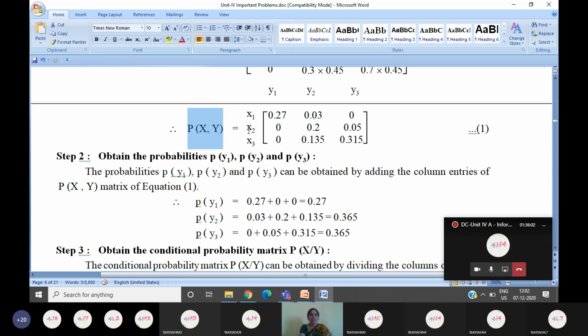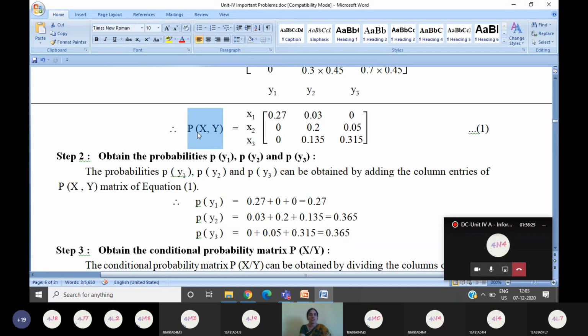If you want P of x2, add all the elements of second row. And if you want P of x3, add all the elements of third row. This is only by using P of xy, not P of x by y or P of y by x.